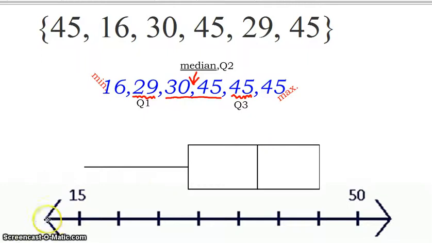If you're creating it by hand, or if you let your calculator create it, which you guys did not see but your calculator does as well, the number line is scaled for you, and you see the relative size of your box and whisker plot, where most of your data is. All 3 of these numbers are right within this box, as well as the median, whereas the data in the box and the whisker is spread out more, whereas this is all clumped right here.